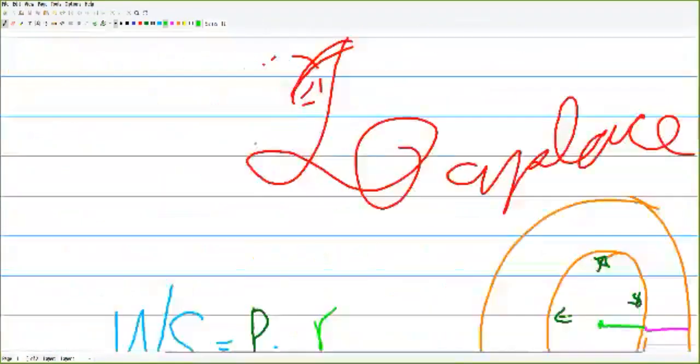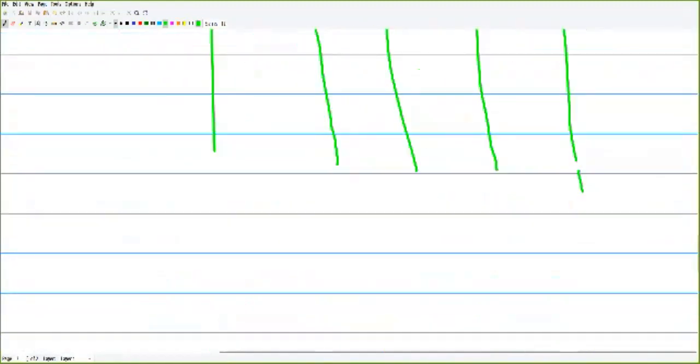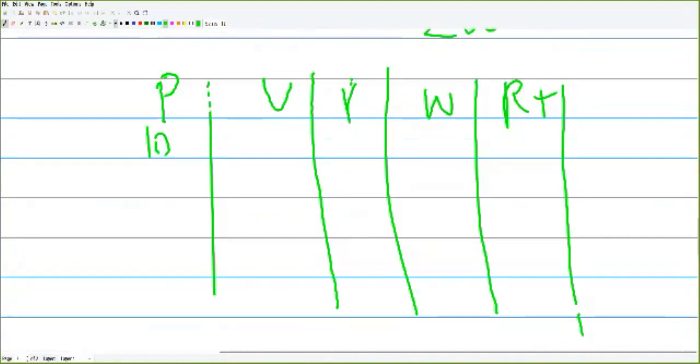Okay. So down here, we can plug in these values. So our pressure is 10, our volume is 125 milliliters.